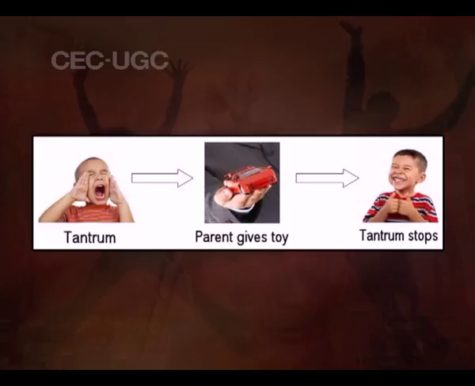So when the child shows a tantrum, parents give a toy and that tantrum is reduced in order to increase a more desirable behavior. So that negative is being taken away. The tantrum in this particular example is being taken away to enhance a better response.